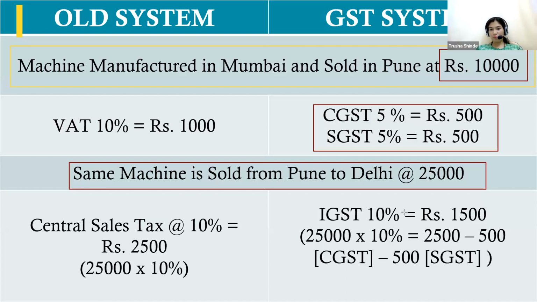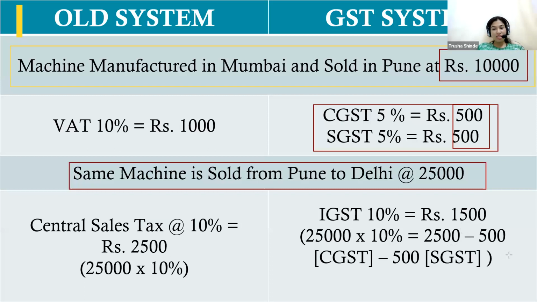What we are going to pay is this: because earlier we already paid this 1,000 tax, we will get an allowance. That is 2,500 minus these taxes, your CGST tax and your SGST tax. Now the actual tax charged is how much? 1,500.